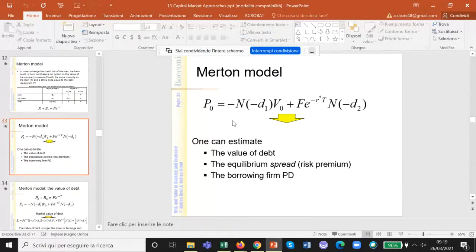If this is the case, then we can apply option pricing to compute the premium of the put option using the usual option pricing formula, Black-Scholes. We can then use it to estimate the value of debt, the equilibrium spread, and also the company PD.